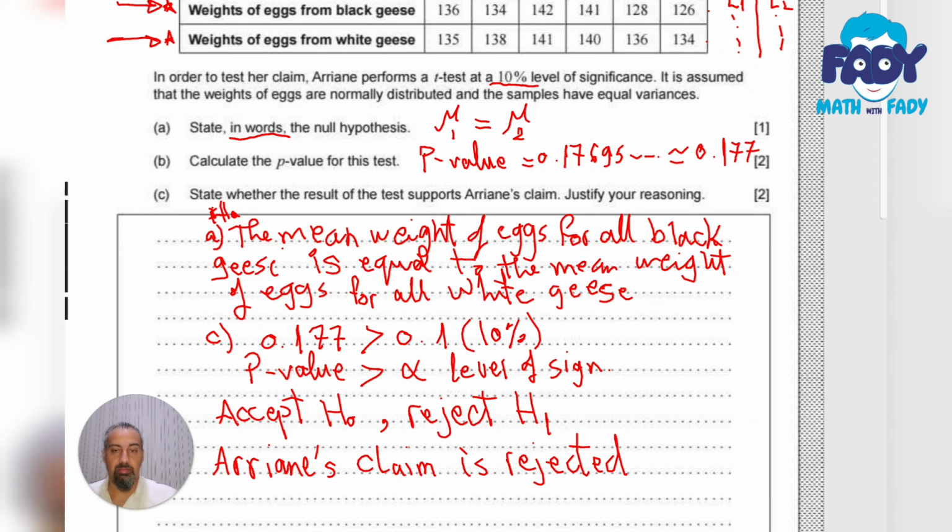So, state whether the results of the test support it: no, there is no support for Arriane's claim and we must reject it. This means the mean weight of eggs for the black geese is equal to the mean weight of eggs for the white geese. So this is our sixth question in this test.